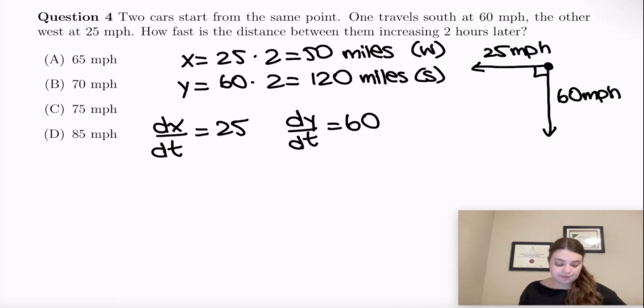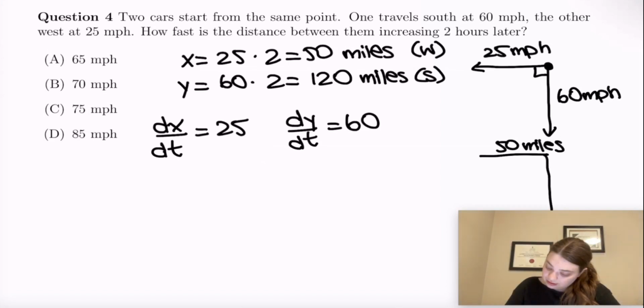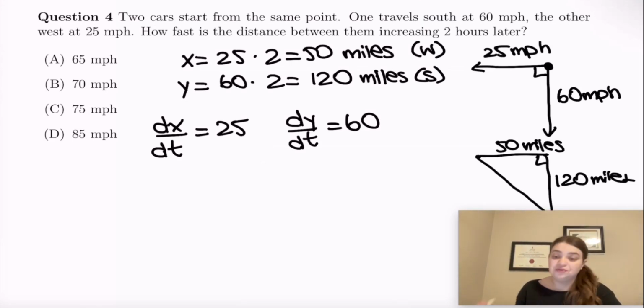Okay, next thing I'm going to do is use the Pythagorean theorem to find out, when we have 50 miles traveled here and 120 miles traveled here, what is this distance here? What is the actual distance between the two cars at that given point?